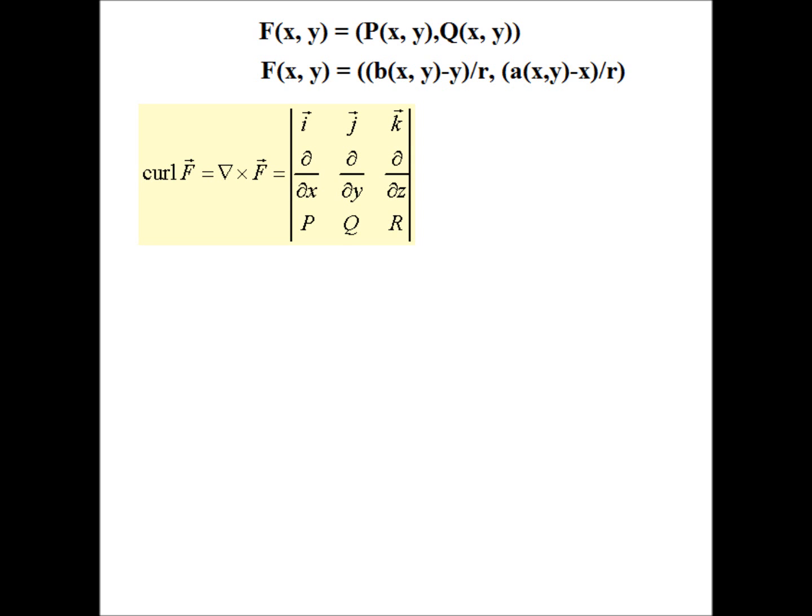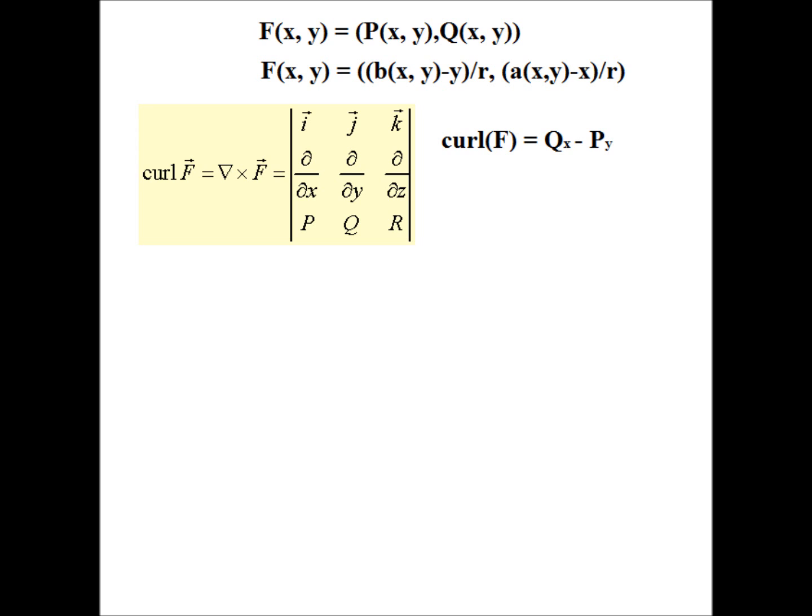So let's look at the curl of this vector field. The curl is just the cross product of the gradient with the equation for the vector field. There's no r term here, so we're just looking at p and q, and we'll find the curl is equal to the partial of q with respect to x minus the partial of p with respect to y.